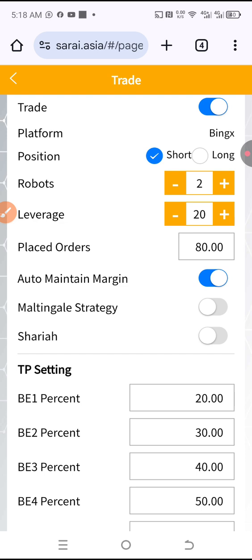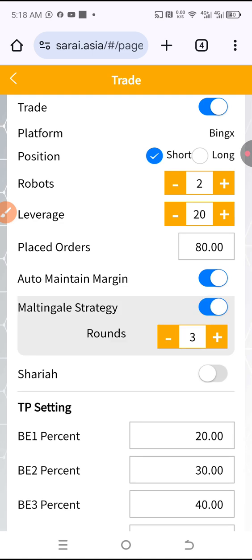I will get there. Now, when you put it on, you can see it's showing you how many rounds. That means how many purchases. So we have 1, 2, 3. So I think that is 3 times.